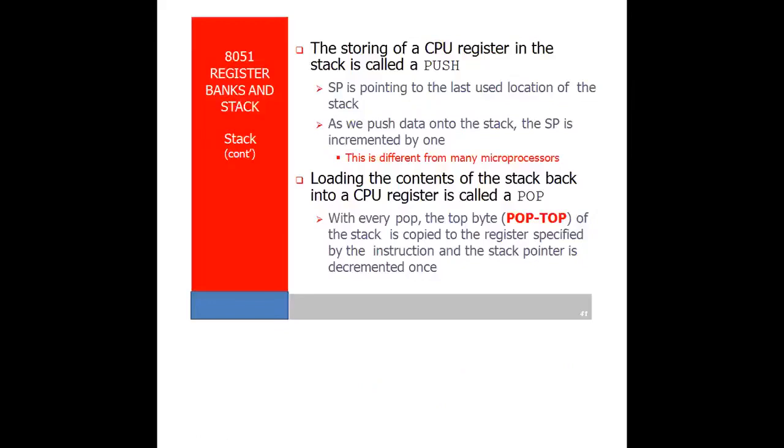POP will retrieve the top of the stack first, and it will be copied into the register specified by the instruction. How to remember it? POP and TOP: if you replace P with T, it becomes TOP. So POP means the top of the stack location will be retrieved first.